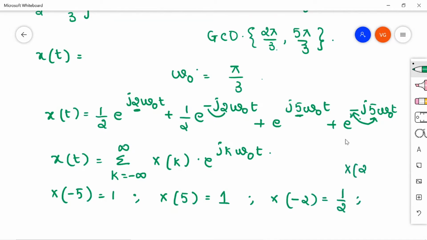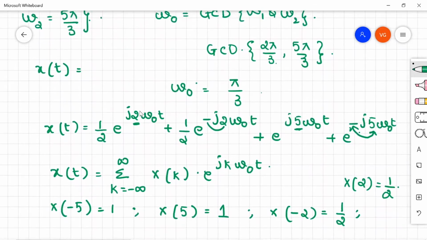Similarly, x of 2 has a coefficient of 1 by 2. This is your x of 2 term, this is x of minus 2, this is x of 5 and this is x of minus 5. So upon comparing, you can get the complex Fourier coefficients of the given x of t.